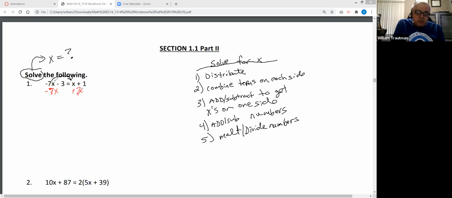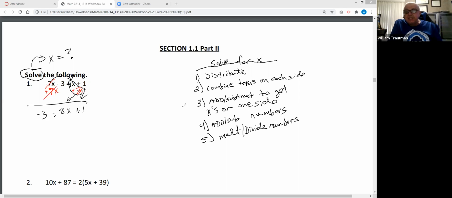Adding 7x to both sides, 7x minus 7x is 0 on the left. I'm left with a -3. And here, don't forget, x means 1x. 1x plus 7x is 8x, plus 1.